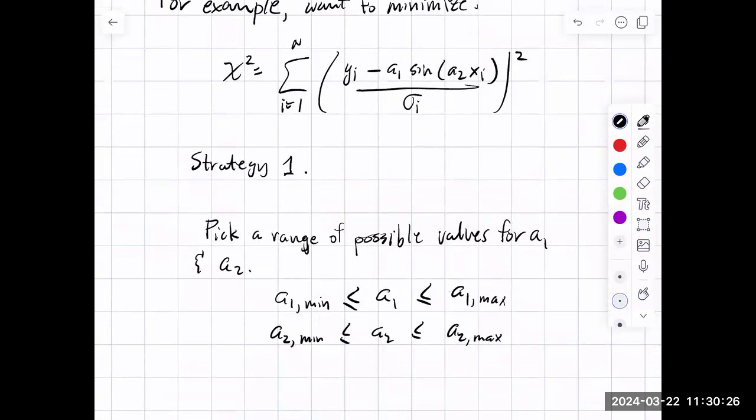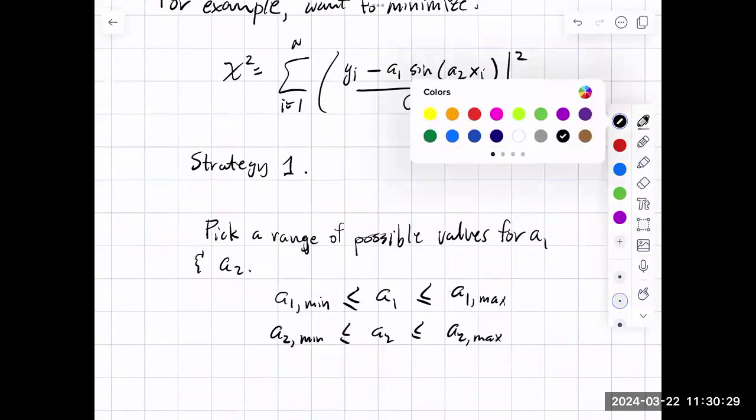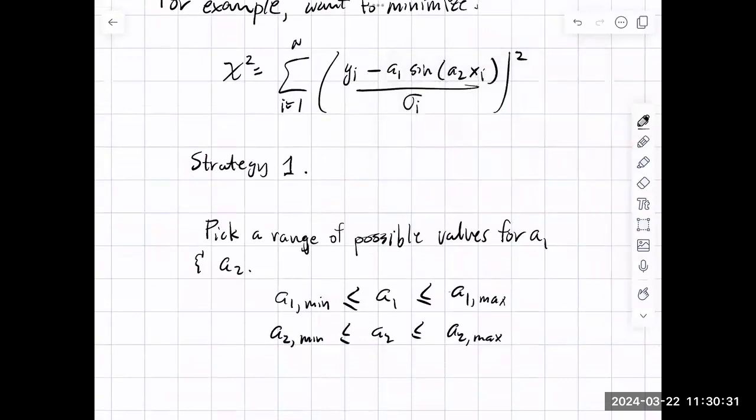Now there's a subtlety to this. It wouldn't make sense to just randomly pick minimum and maximum values for our parameter ranges. We would have to know something about our system in order to decide what are reasonable estimates of these parameters. I don't need to test unreasonable values. I want to have some idea of what the value should be and then pick ranges that include those reasonable values.